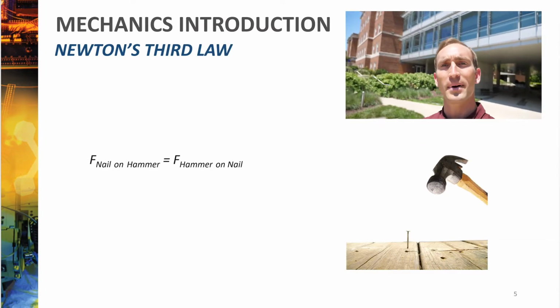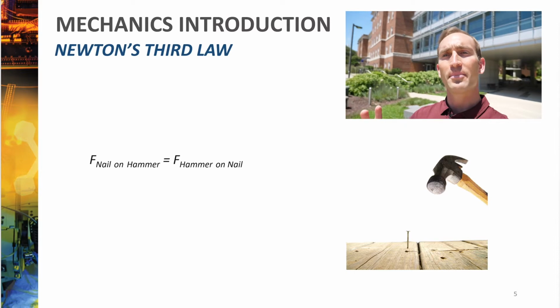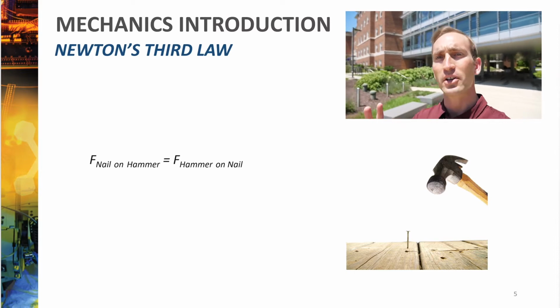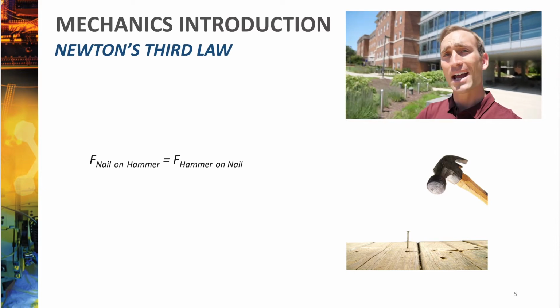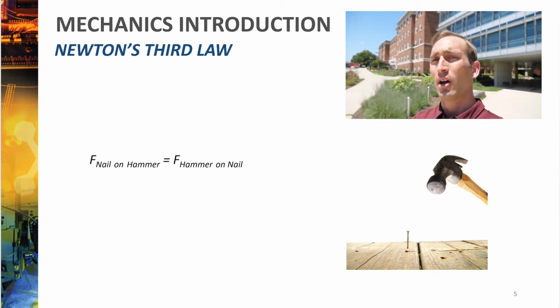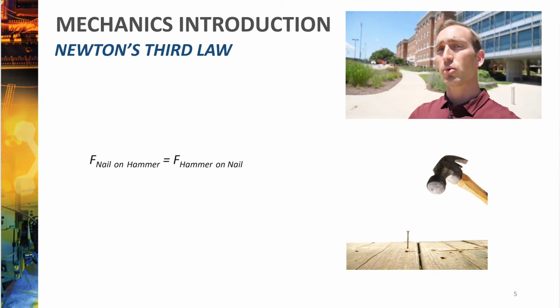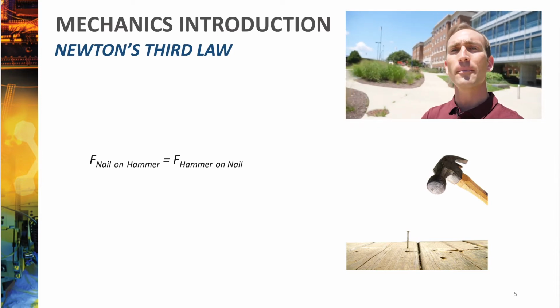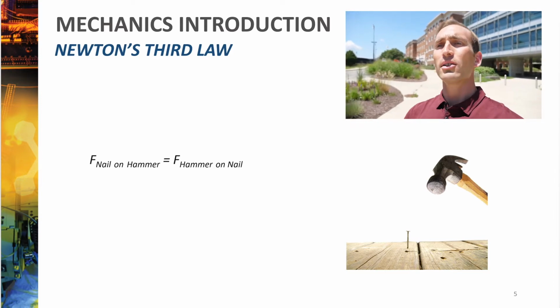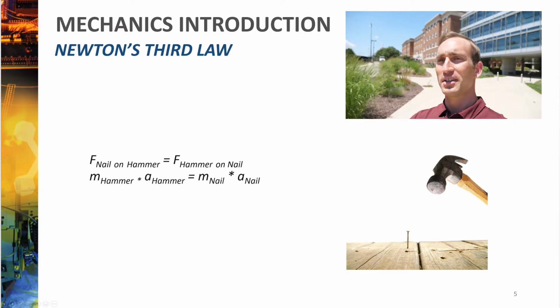Did you have a chance to think about it? Essentially what's happening is that when you look at the difference between the hammer and the nail and why the hammer is able to drive that nail in, while the forces in fact are equal, that the force of the hammer on the nail does equal the force that the nail applies to the hammer, Newton's second law says that ma is equal to the net force.